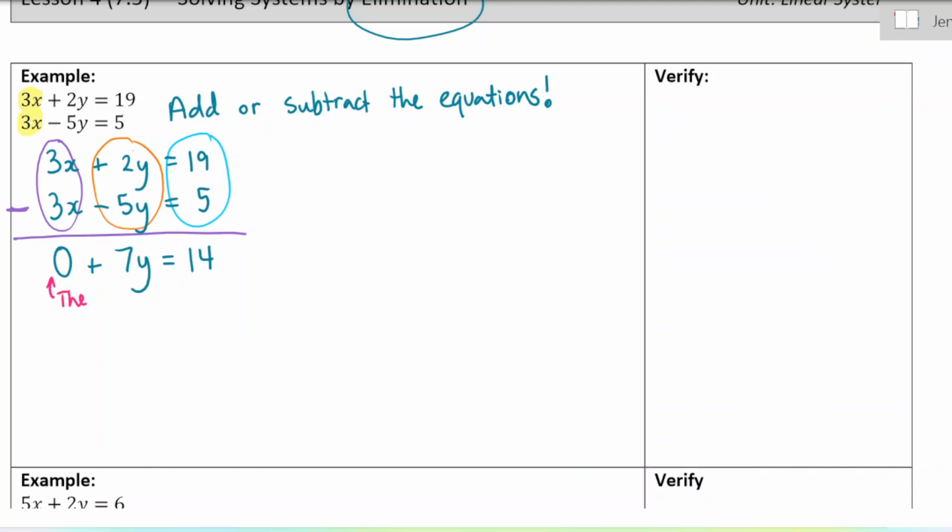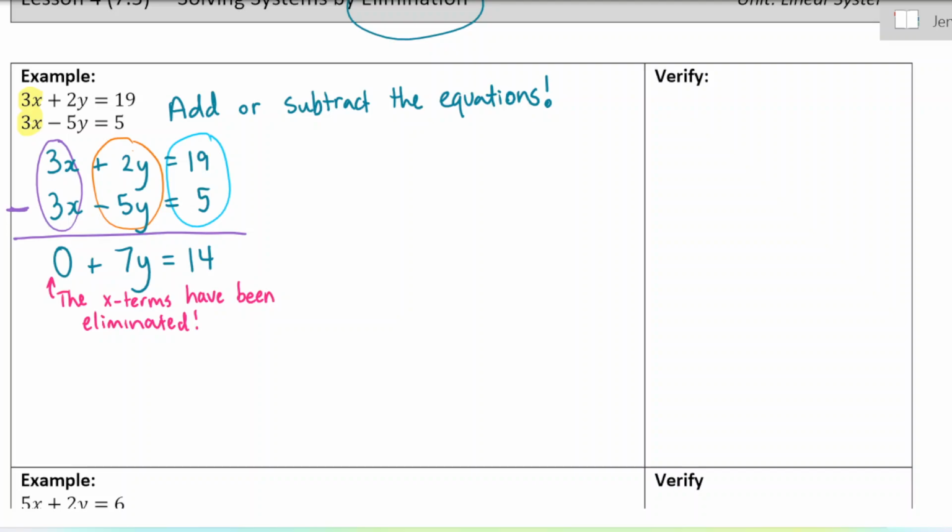The x terms have been eliminated. That's the whole point. Once your x terms have been eliminated, you can just solve for y. And the reason we chose subtraction here is because that's what would have eliminated the x's. If we would have added, we would have gotten 6x, which, yeah, that doesn't make them go away. So you want to kind of make them go to 0.